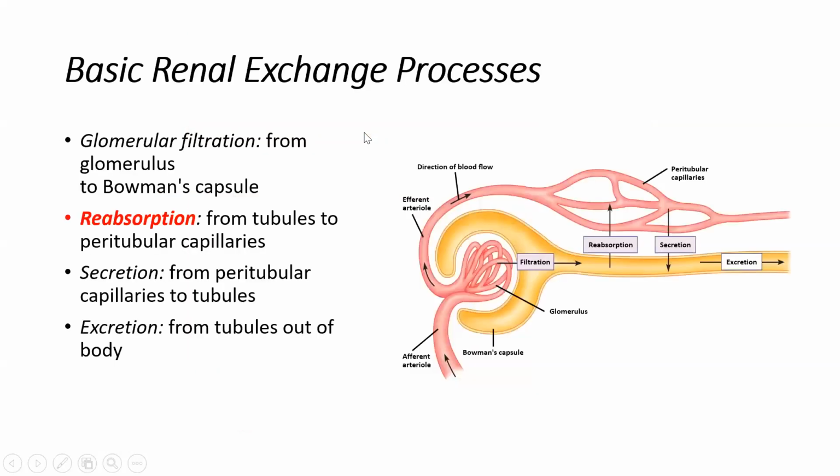Now, when we look at the renal exchange, there are three main processes involved here: the glomerular filtration, reabsorption, and secretion. The glomerular filtration is the movement of plasma across the glomerulus and into the Bowman's capsule. And that is how we filter our blood into the urinary space, or the Bowman's space, as I called it earlier.